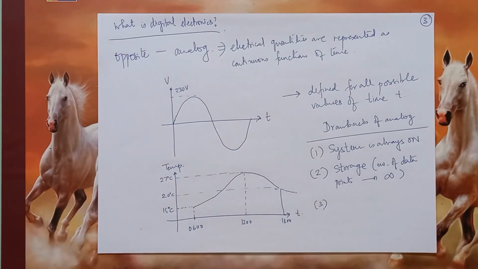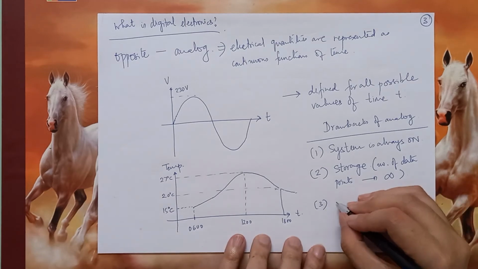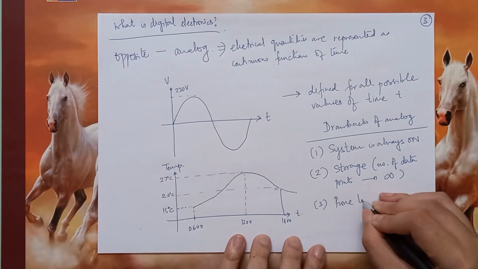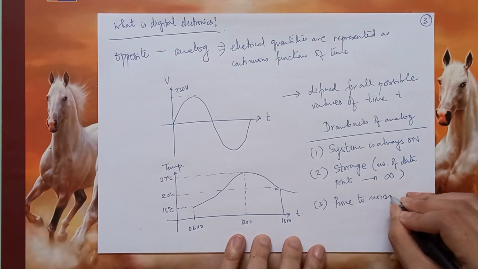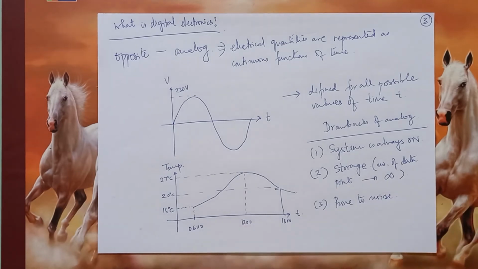Third, the third drawback of analog systems is that they are very prone to noise. Now, what is noise?